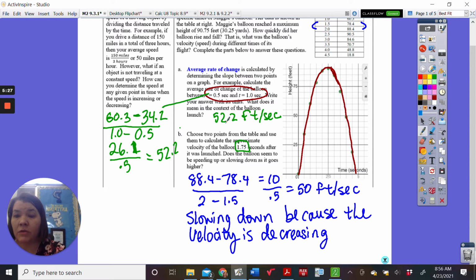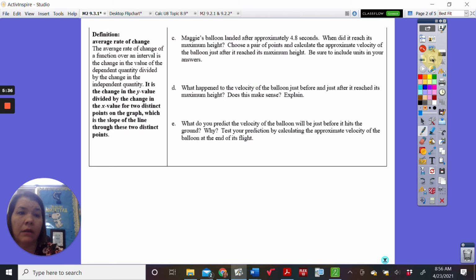The velocity was 52 and now it's 50, so it's slowing down. Okay, basic idea. Let's see what we can do next. I'm probably going to need to grab that.